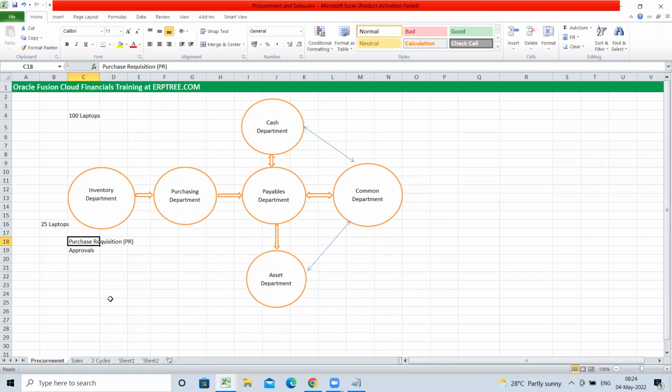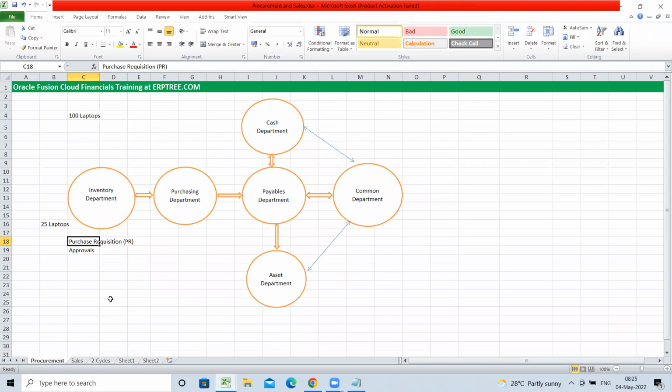They may create the purchase requisition saying 75 laptops are required, along with some other specifications. We will see when we work on this process how to create the purchase requisition and how to enter the data. Now the focus is to understand the process, not exactly what we include as part of each document.